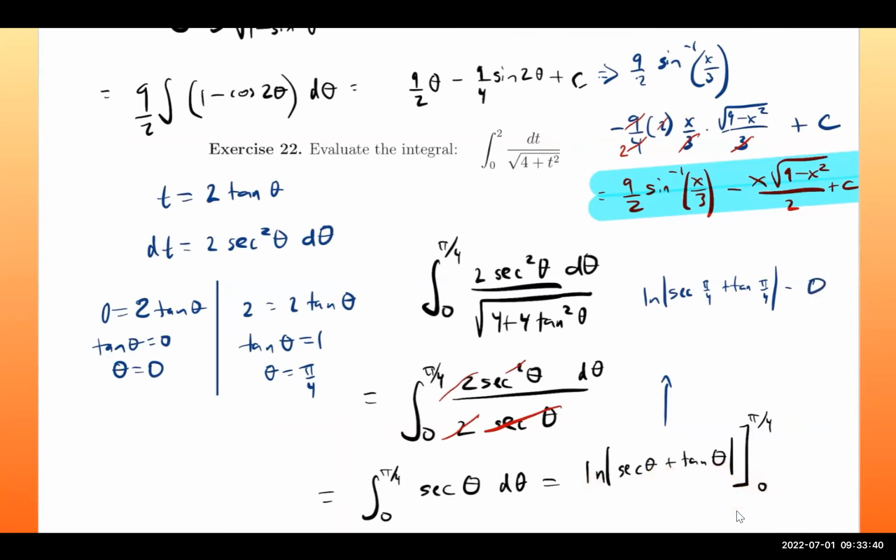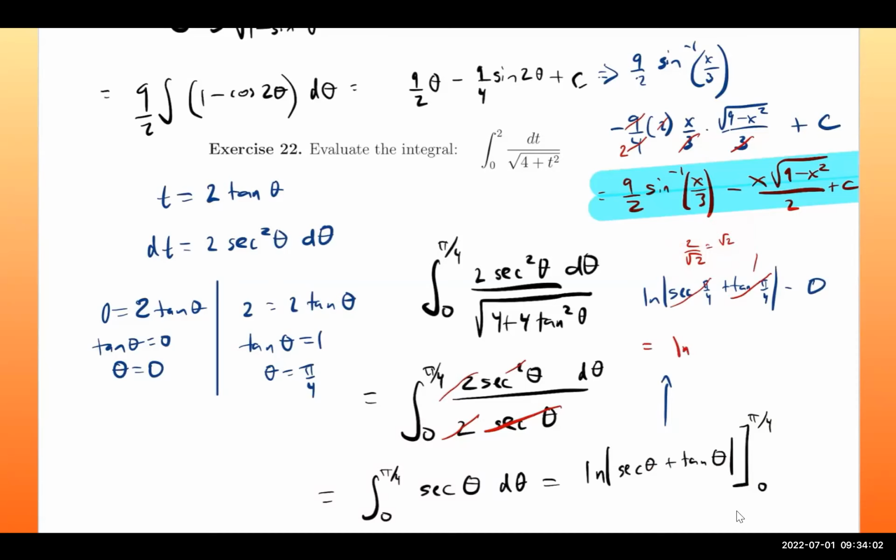So this is going to turn out to be 0, which we don't have to write out. And the rest of this we can evaluate. This turns out to be 1, and this turns out to be radical 2 over radical 2, which is really just radical 2. If you multiply top and bottom by radical 2, you end up with radical 2.